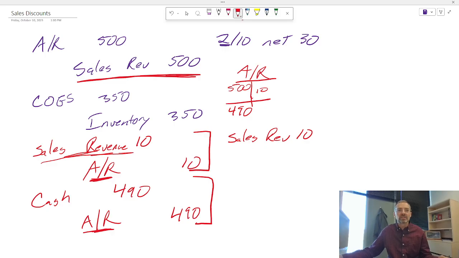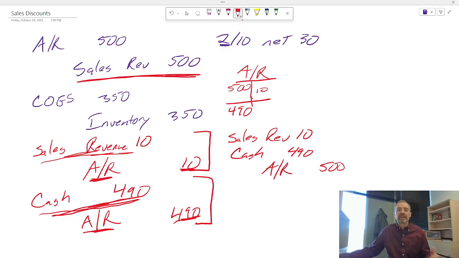Cash is also by itself, so I debit cash 490. I have two accounts receivable entries. They both happen to be credits, so I'm going to combine them into one number, and that number happens to be 500. So I credited accounts receivable $500.